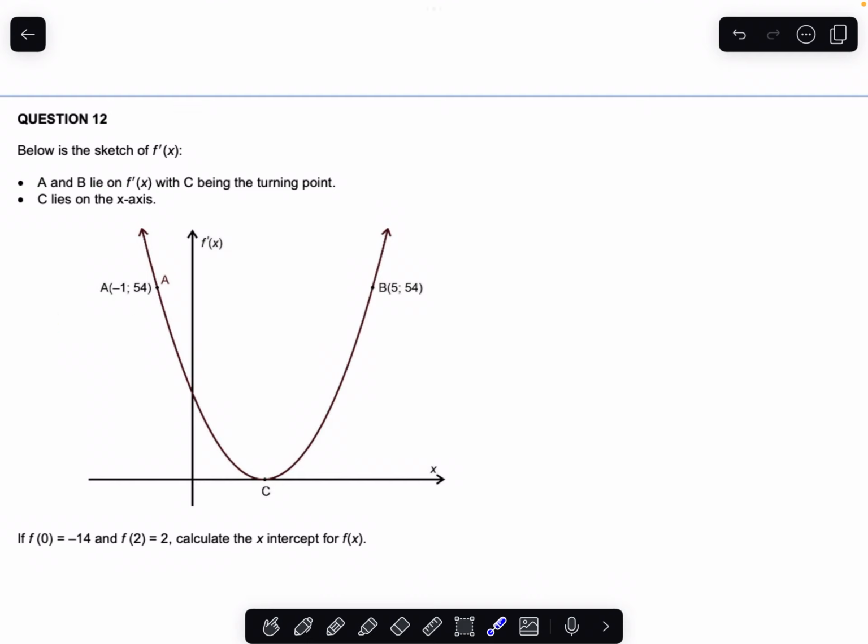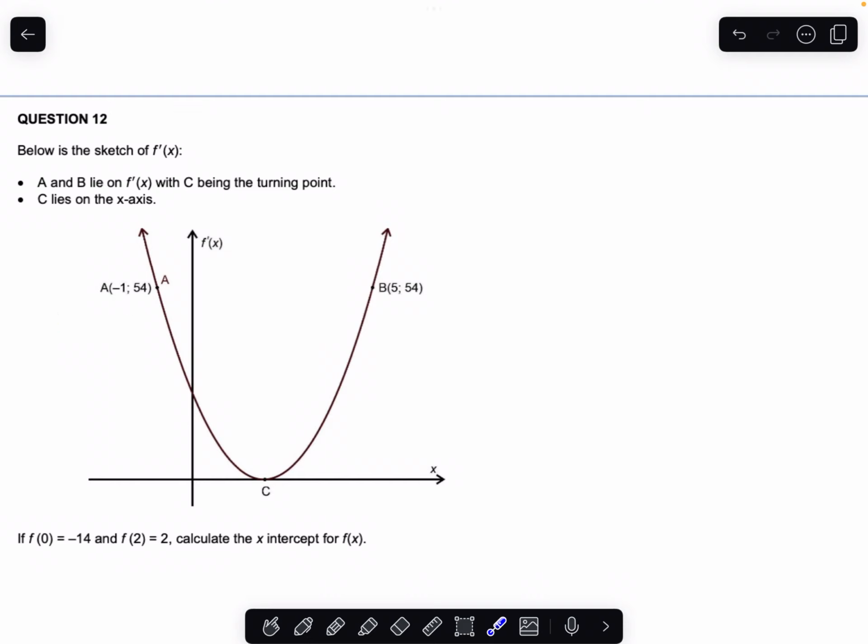And if we extend it a bit further, we can see that the curve f of x is always increasing, because the gradient values never go below the x-axis. They're never smaller than 0. So the gradient is either always positive, or at the x coordinate of C, the gradient of the curve is 0.